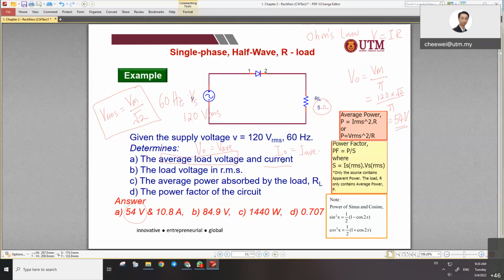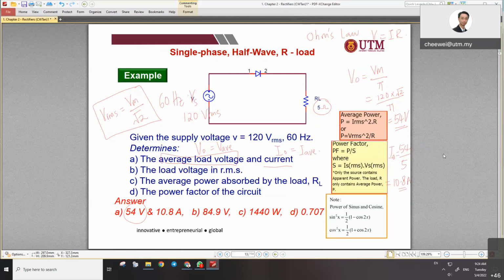At the same time, you need to find the current I. I equals V out divided by R. So it's 54 divided by R, R is 5. What do I get? 10.8 amps.